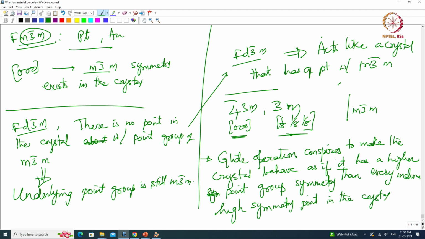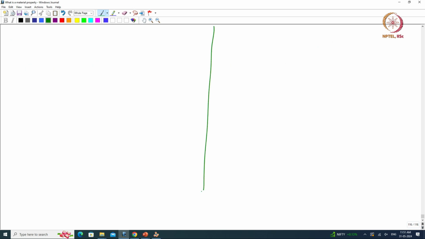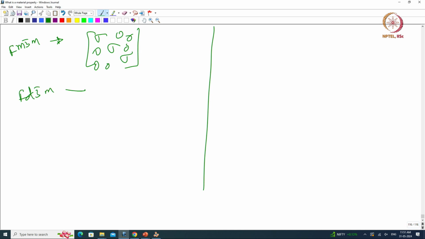As a result, if I am looking at properties, so if there is a property that does not exist in platinum, which has Fm 3 bar m, property wise Fd 3 bar m and Fm 3 bar m should have similar tensors. So, for example, if m 3 bar m has a tensor which is sigma sigma sigma 0 0 0 0 0 0, then Fd 3 bar m also should have exactly a similar tensor, so all the zeros should remain 0.